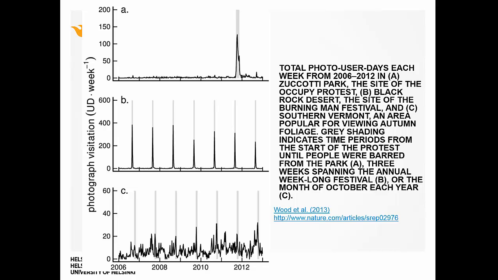Then in places where, for example in this case, a Burning Man festival is organized in this national park, that sort of repeating yearly pattern that people come to the park is also of course visible in the social media postings. So based on this, it can be believed that people are posting when they are in the park, and hence it could be used as a surrogate for people visiting the park.